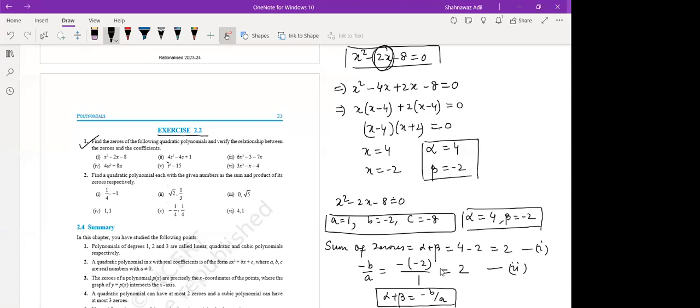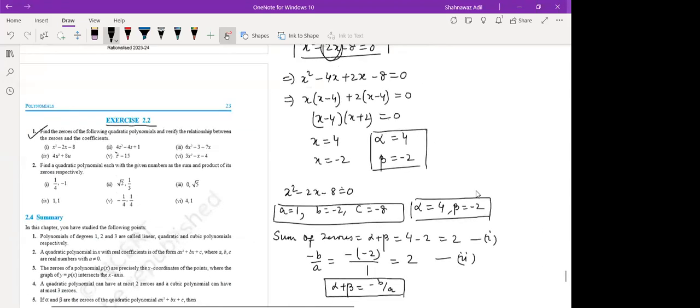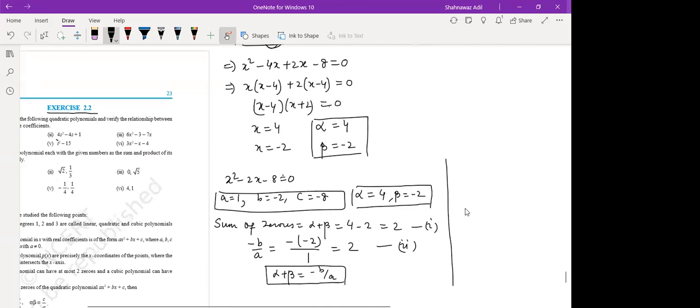Similarly, we calculate the product of zeros. This is alpha into beta, which is 4 into minus 2, so this is minus 8. Now, what is c by a?